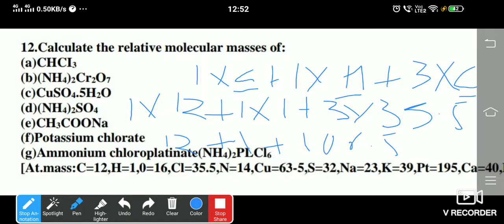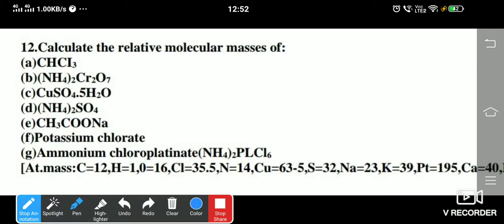Now, if you add 106.5 plus 1 plus 12, that would be 119.5. So the answer would be 119.5 atomic mass unit. You have to write down the final answer with its unit, that is atomic mass unit. Now, the second one, if you see, it is (NH4)2Cr2O7.